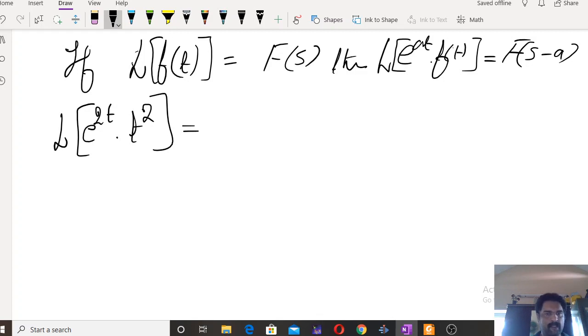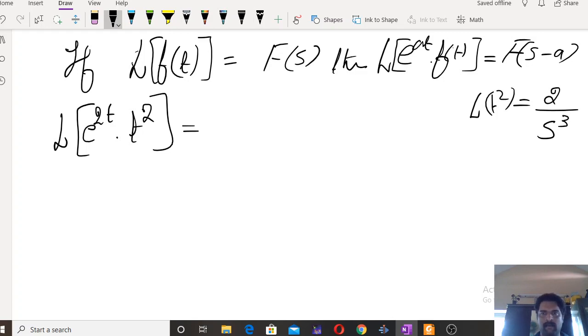To find the Laplace transform of such functions, here e raised to 2t is of the form e raised to at. So we take f of t as t square, and the Laplace transform of t square is 2 factorial, that is 2, divided by s raised to 2 plus 1, that is s cubed.